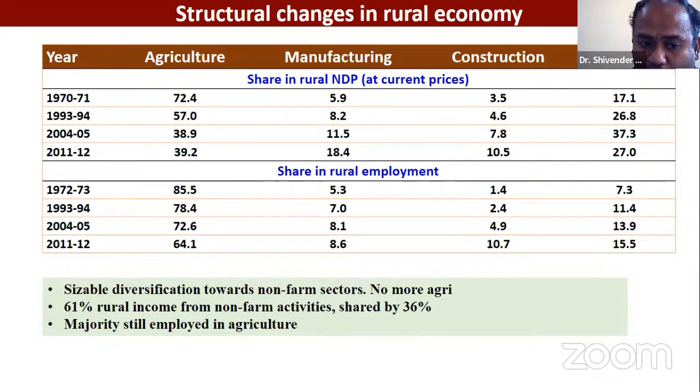If you see employment, it is still agriculture where we have a lot of engagement in terms of workforce. Earlier it was 85%, but still it is 64%. The issue is that the 64% of the total workforce who are engaged in agriculture contribute only 40% of the total rural output.